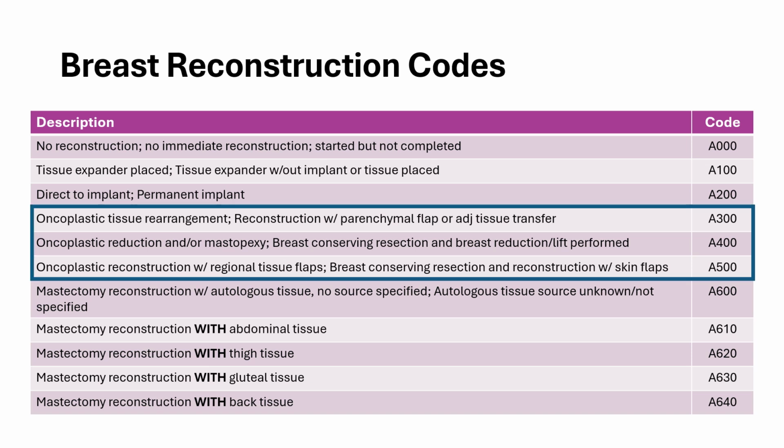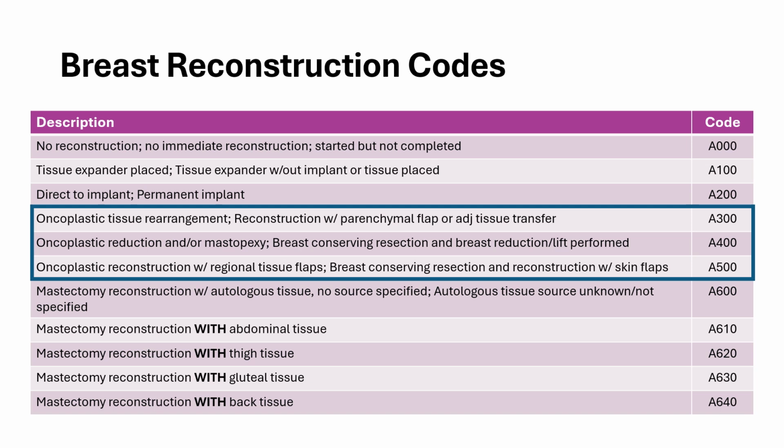Oncoplastic surgery is rebuilding the breast tissue after breast cancer resection, as it is a way to reconstruct and reshape the breast after lumpectomy or mastectomy. It involves rearranging of breast tissue to correct the breast defect. This can sometimes be found in the plastics operative report.